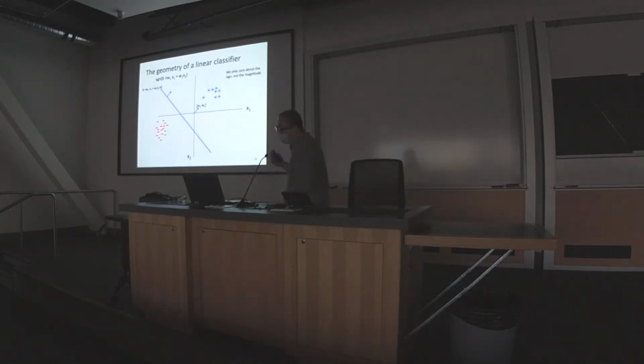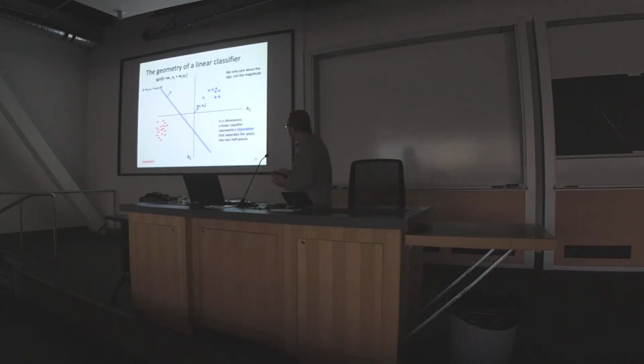And another thing we need to be aware of is that because we're doing classification, we only care about the sign. That is, whether the value of this classification function is bigger than 0 or less than 0. So we don't care about the scale.